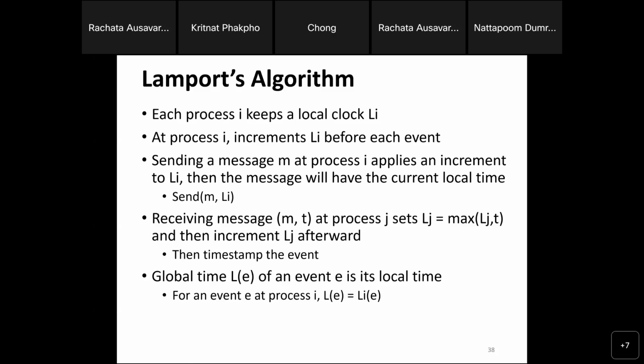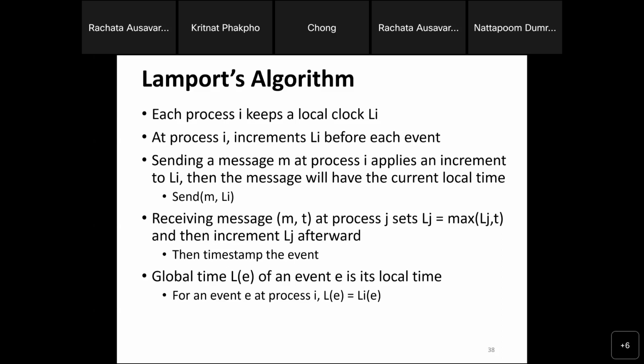So this is actually the beauty of the Lamport algorithm: you don't have to communicate to everyone. With this, it's enough to get the global time with the ordering. Because if I send a message to someone, it means I happened before this. If I don't send a message, it should be concurrent.